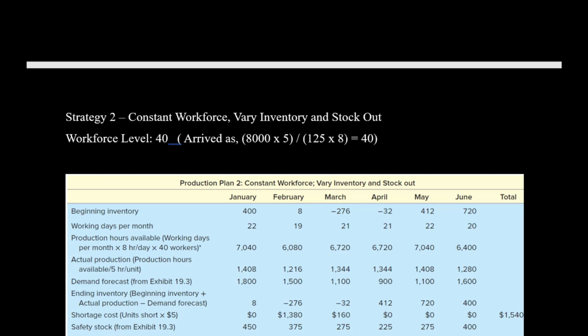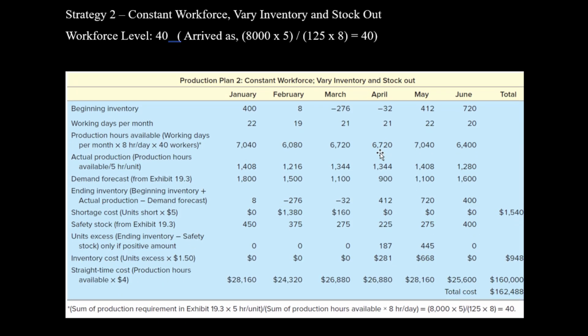When you divide this total hours by 125 into 8, we get the average workforce level, which comes to be 40. So in this problem we are going to assume that we have a 40 workforce level, and then we are going to use that particular workforce level completely.